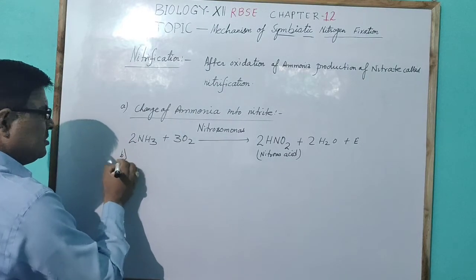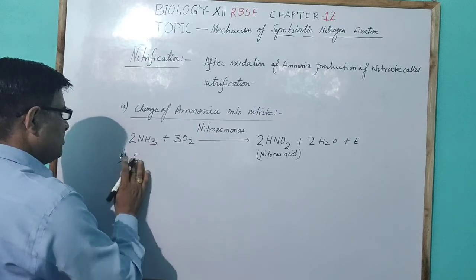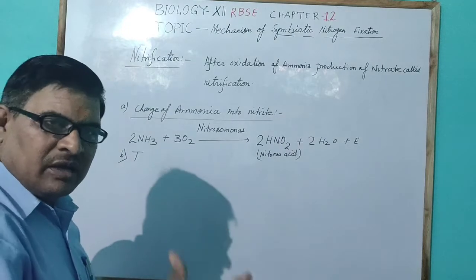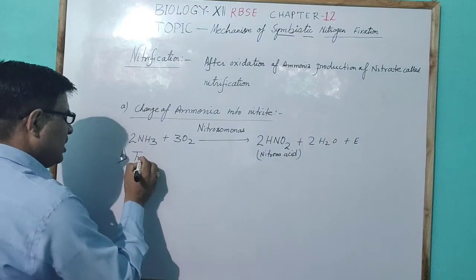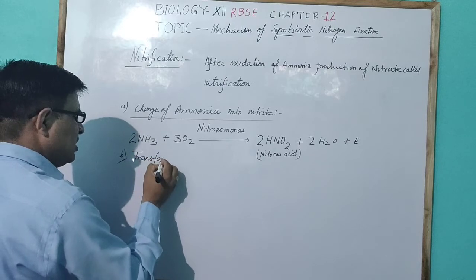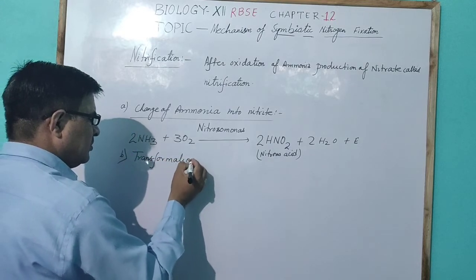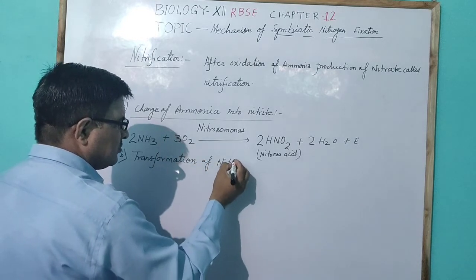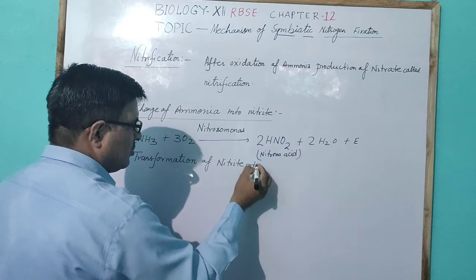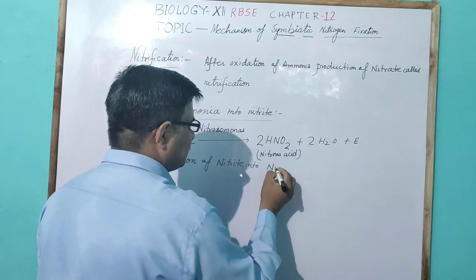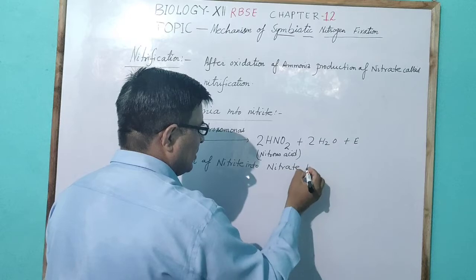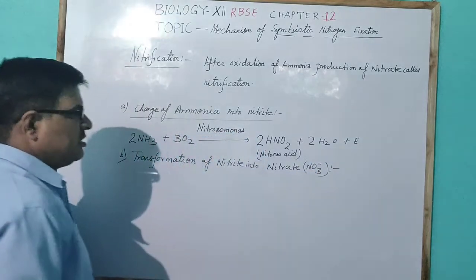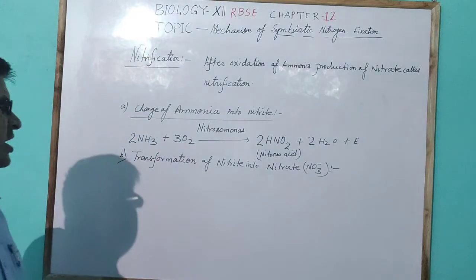The next step is transformation, meaning transfer of shape or form, the transformation of nitrite into nitrate. Nitrate means NO3 negative and nitrite means NO2 negative.